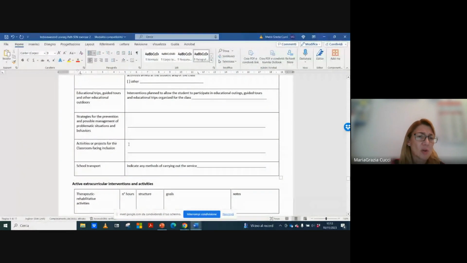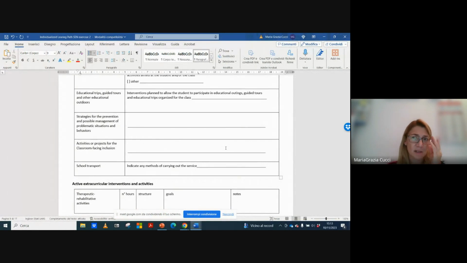All this table is done in order to have the opportunity to share what the inclusion team defined for this specific student with all the teachers, also new teachers.